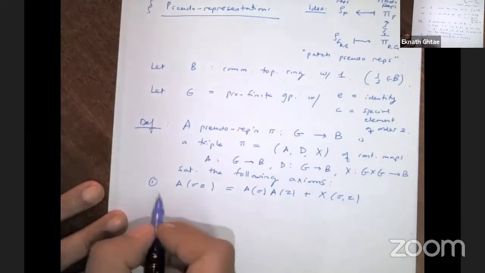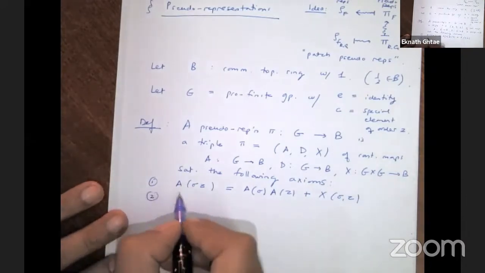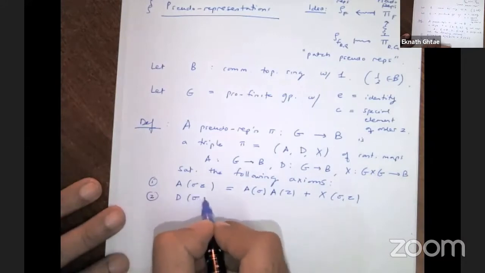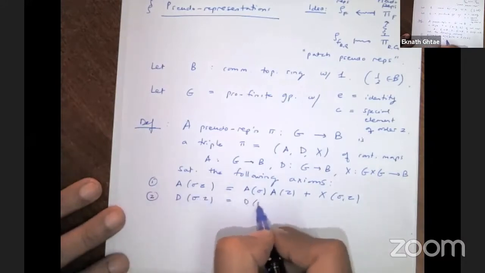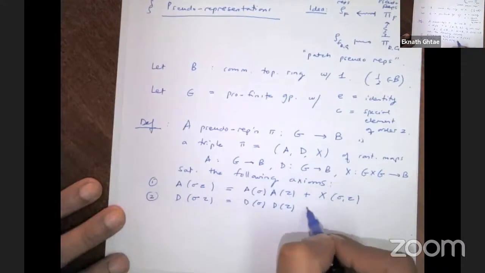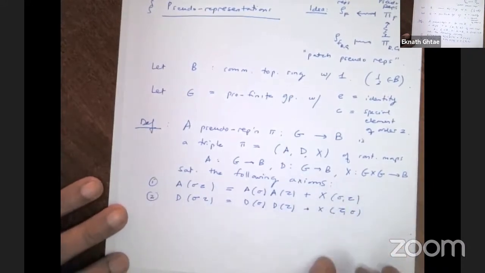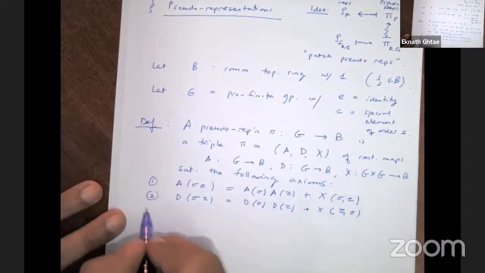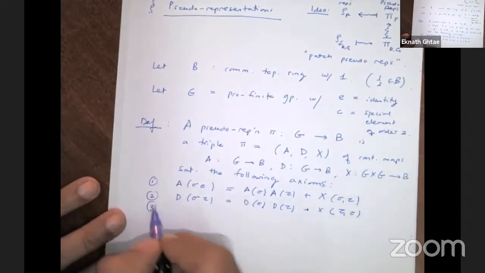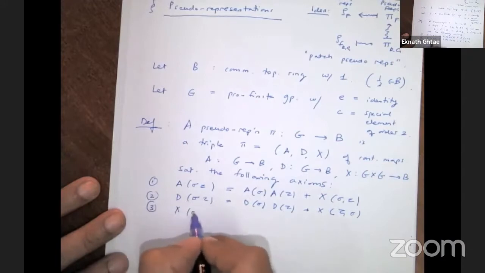So this is just mimicking that, but I'm writing them abstractly right now. D of sigma tau is D of sigma D of tau plus X of tau sigma this time. This is for all sigma, tau in G, the Galois group, just abstract group G for now. Axiom 3: X of sigma tau.